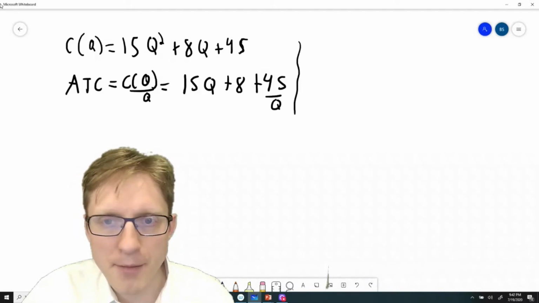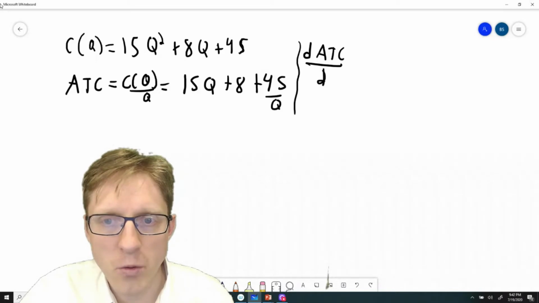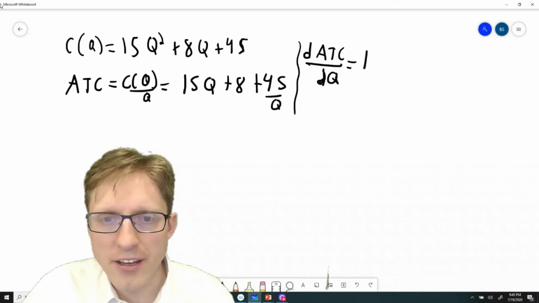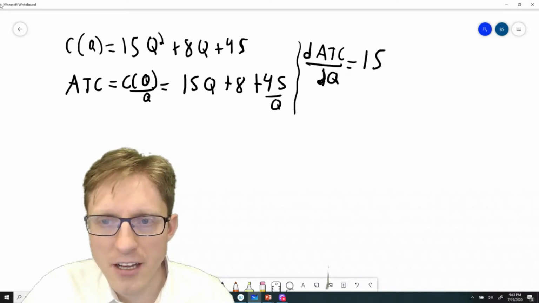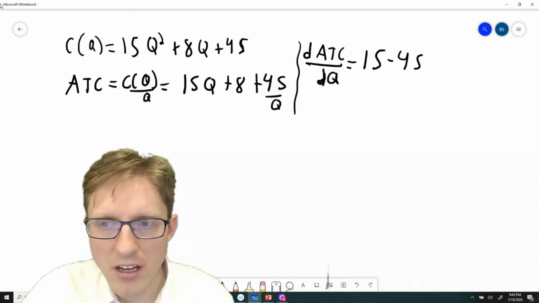And then the next step is to take the derivative of the average total cost with respect to the quantity of output. Okay. And that is equal to 15 minus 45 over Q squared.